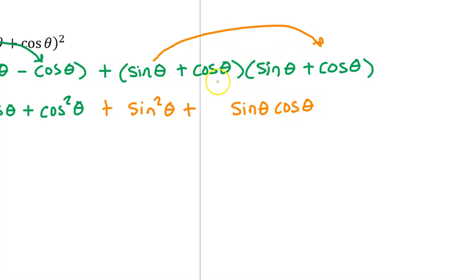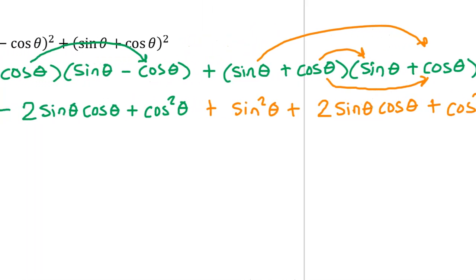So then it's time to multiply cosine theta times sine theta, which is another sine theta times cosine theta. So because that's another one, I can combine them and just write 2 sine theta cosine theta. And then finally we have cosine theta times cosine theta, which is cosine squared theta.